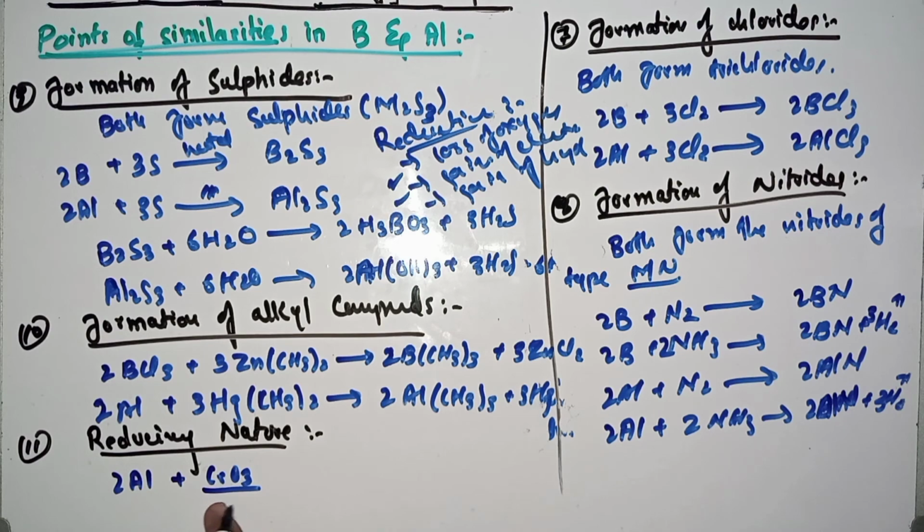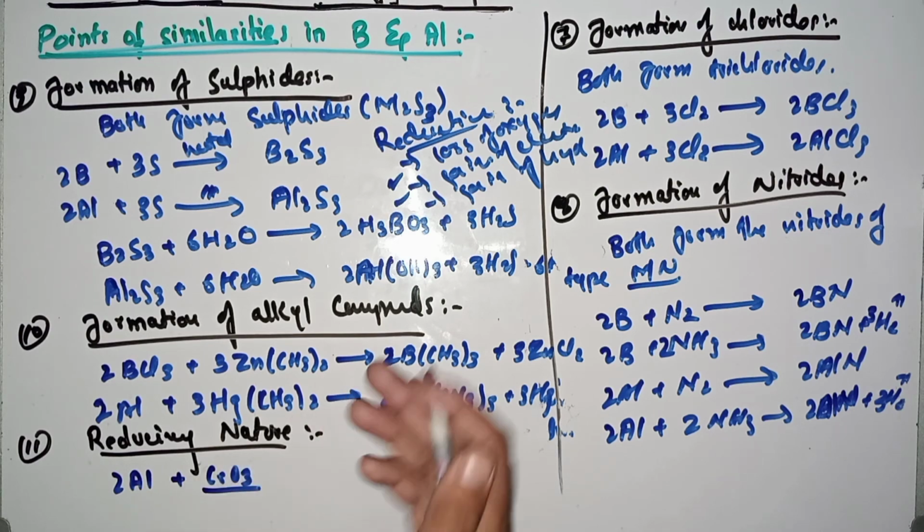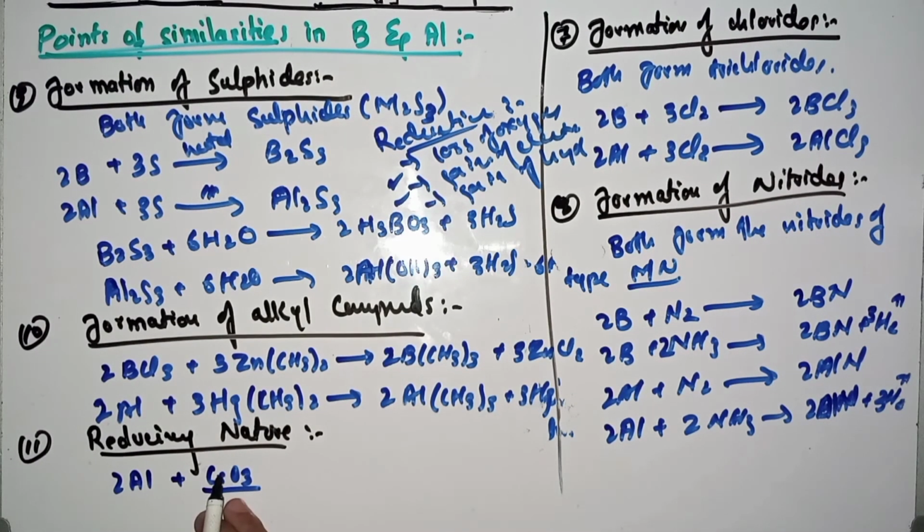The chromium will lose oxygen. When it loses oxygen, it means the chromium oxide is reduced. Aluminum reduces this chromium oxide and generates the products Al2O3 plus 2Cr. So here, three oxygen atoms are gained by aluminum, or you can say that 3 oxygen atoms are lost by chromium oxide, so that's why chromium oxide is reduced here while aluminum is oxidized.